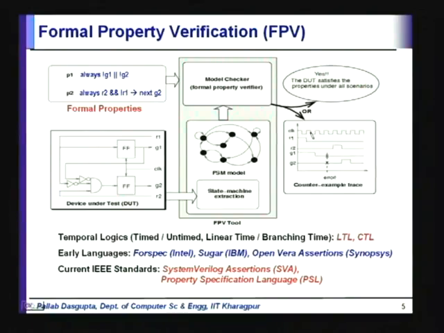So, this is something that we have to live with, that whenever we go for a formal property checking algorithm, if it comes up with a counter example, well and fine. If it does not come up with a counter example, then we have to believe the tool, and there are approximate tools which will not be able to explore the entire state space, right.